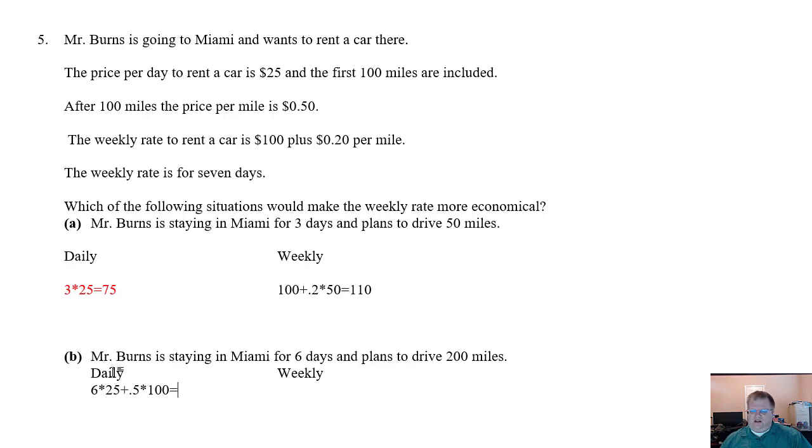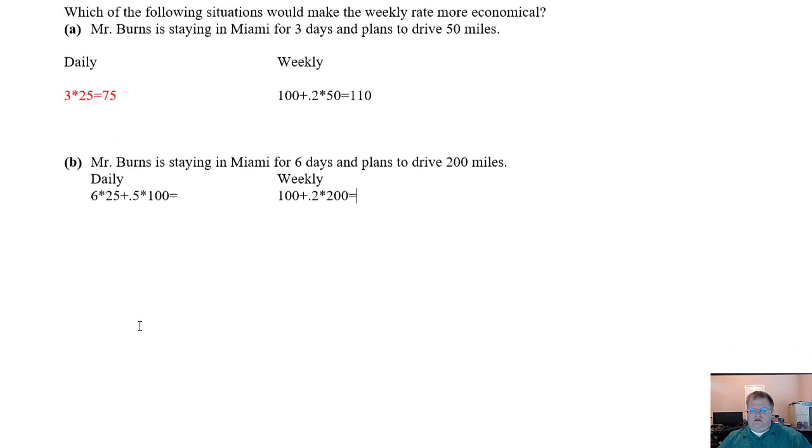And we'll go calculate that in a second. The weekly rate, if I went for 6 days, would be 100 plus 0.2 times the total miles. And so we get that. Okay, so what we got to calculate is how much each of those are, and then make the decision about which one is the cheapest.